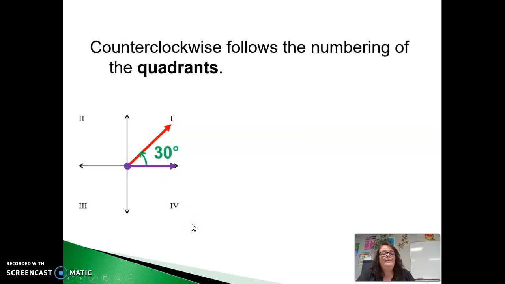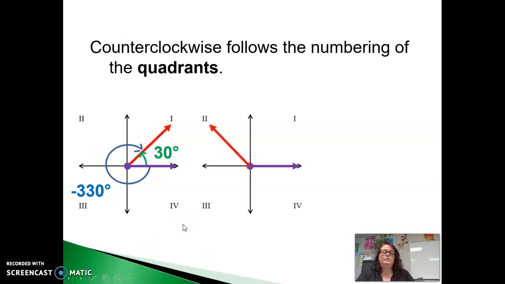Okay, so if I called that 30 degrees, notice it's positive because we started with our initial side here and went counterclockwise. If I go the other direction, that would be negative 330. Notice, ignoring that negative sign, the sum of those two angle measures would be 360 because that's one full revolution. All right, so if I had my terminal side in the second quadrant, I could say that the measure of that angle is 135.